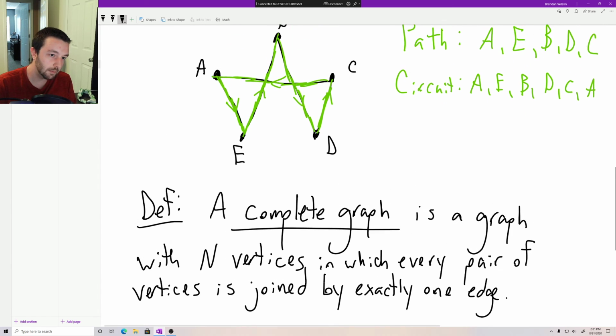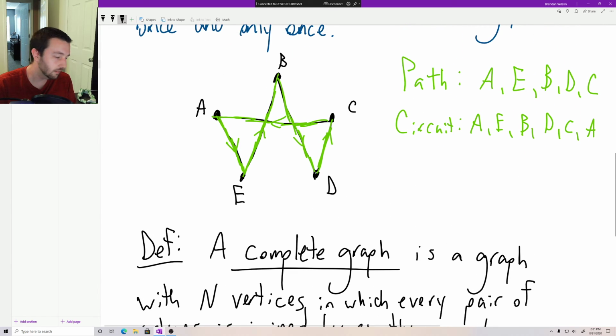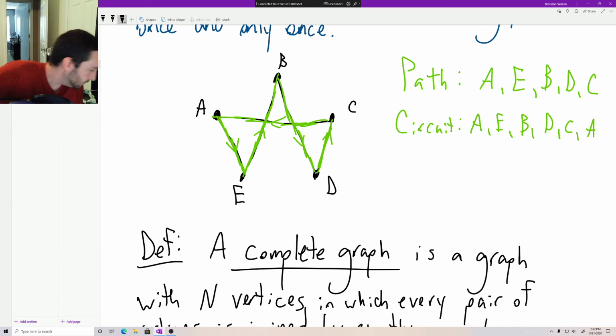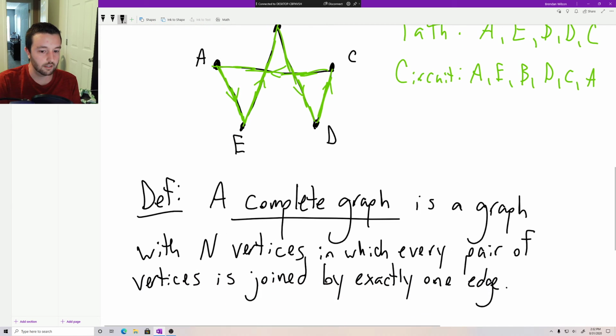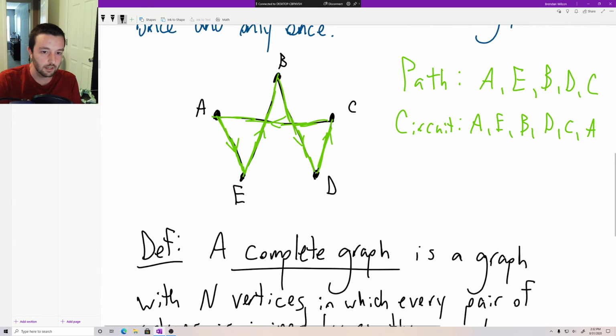Now, with this one, every pair of vertices has to be joined by exactly one edge. So AE only has one edge, right? AC only has one edge. But what about AB?